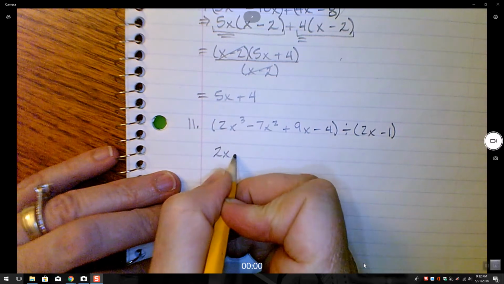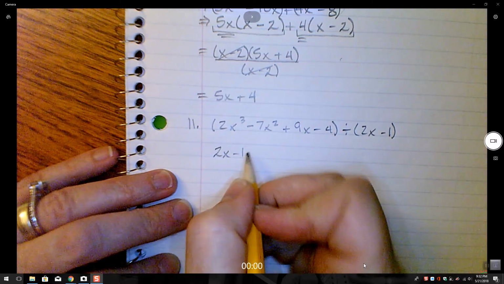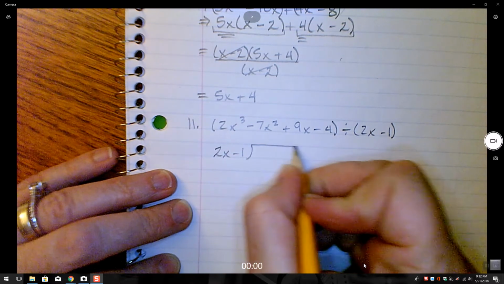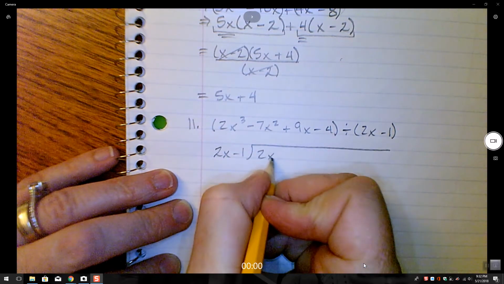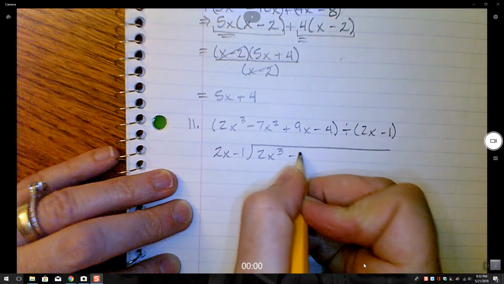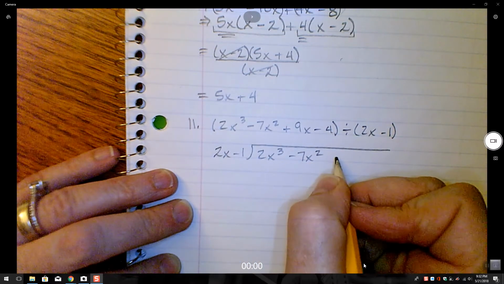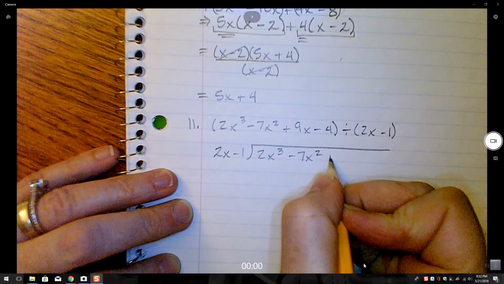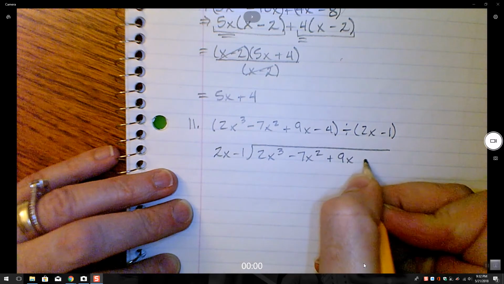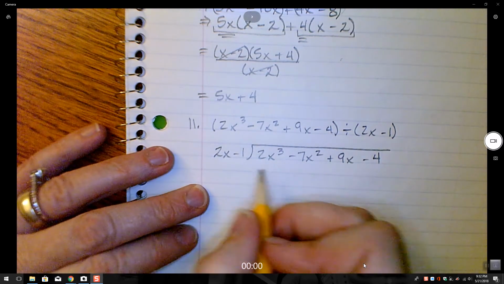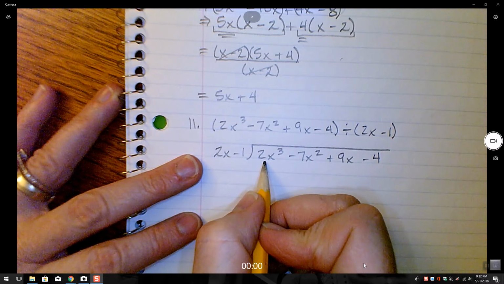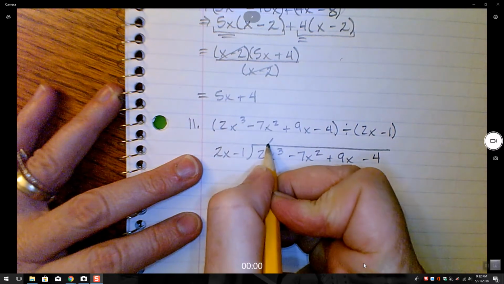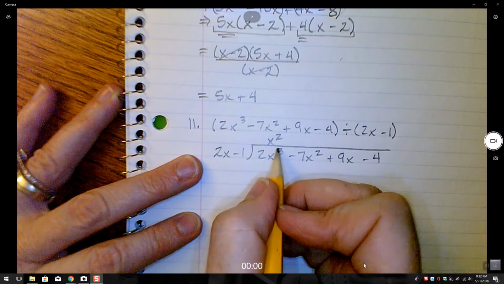So I'm going to put this out here as my divisor. I am dividing 2x to the third minus 7x squared plus 9x minus 4. So 2x goes into 2x cubed x squared times.